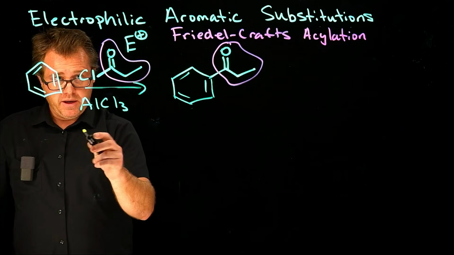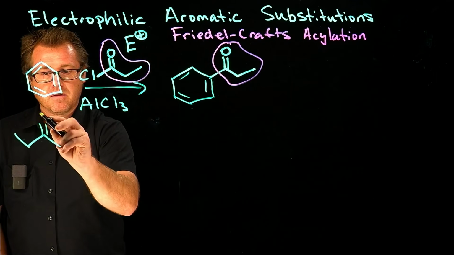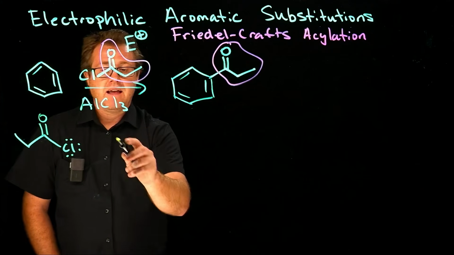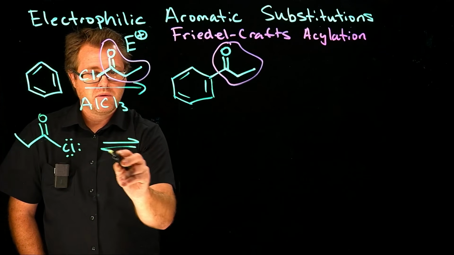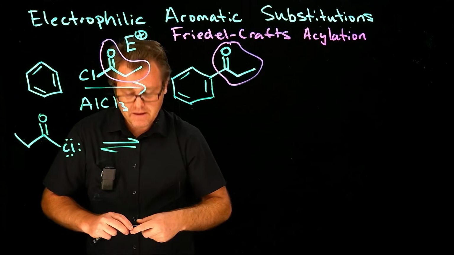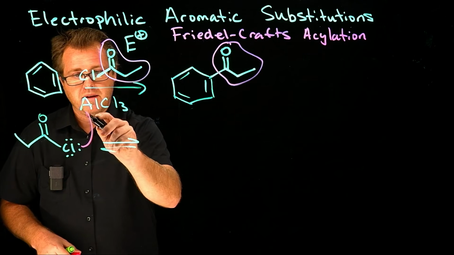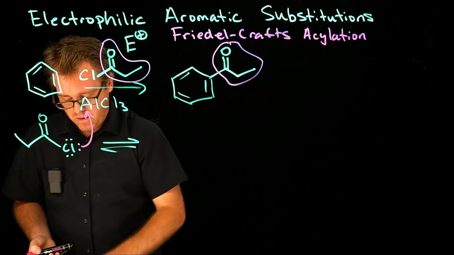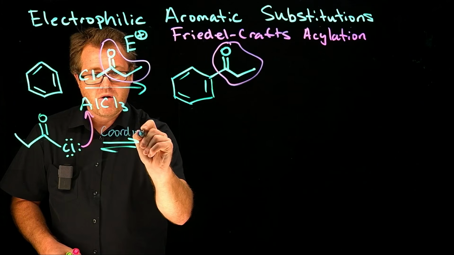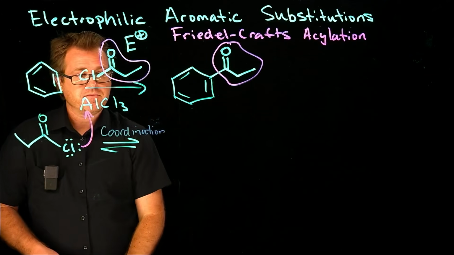So we're going to take our acyl chloride here, and we see we have a halogen, and that's going to react with our aluminum. So we'll come in and attack our aluminum. And what is that step called? That is a coordination. There's our coordination step.